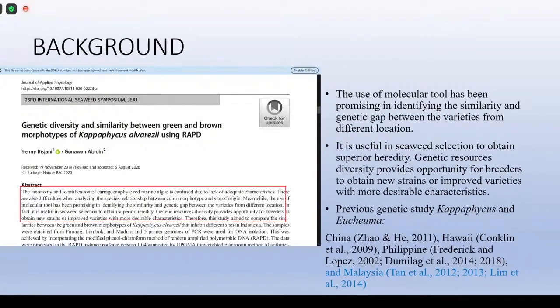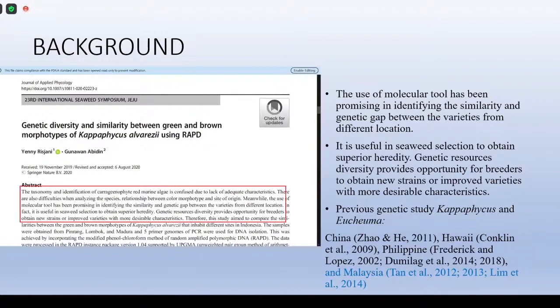It is useful in seaweed selection to obtain superior heredity and genetic resources. Deep diversity provides opportunity for breeders to obtain new strains or improved varieties with more desirable characteristics.